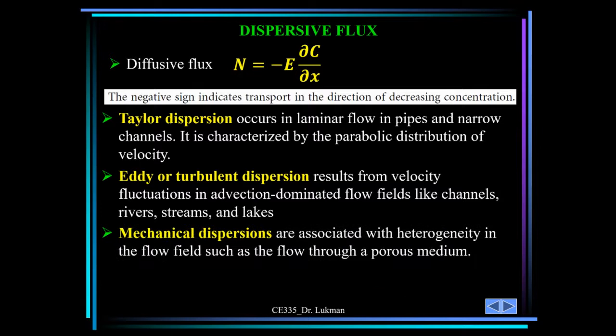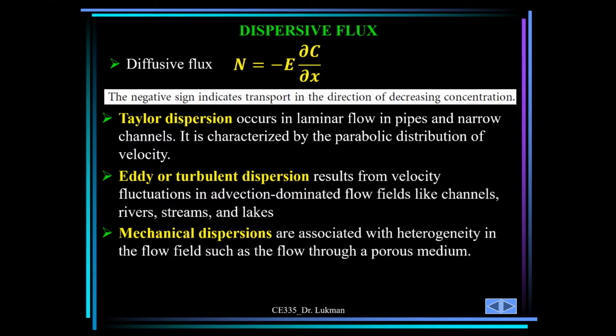Then you have mechanical dispersion, which is associated with heterogeneity in the flow field, such as the flow through porous medium. When you have a porous medium, we have seen you have many layers of different soils or aquifers. You can have an aquifer bounded from above and below by an aquitard, and you have different layers which will affect the flow.